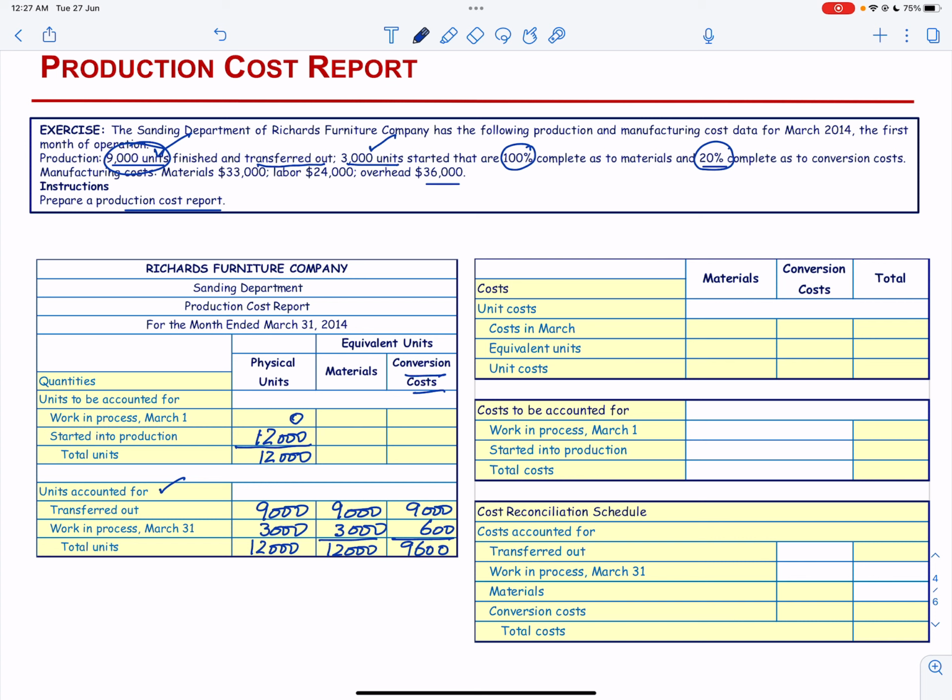Next, we prepare the cost units. The cost in the month of March will be what they have given over here. Manufacturing cost is 33,000.